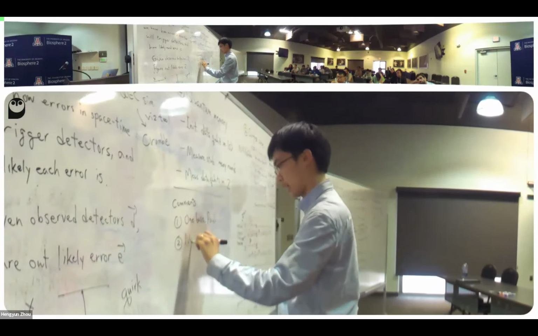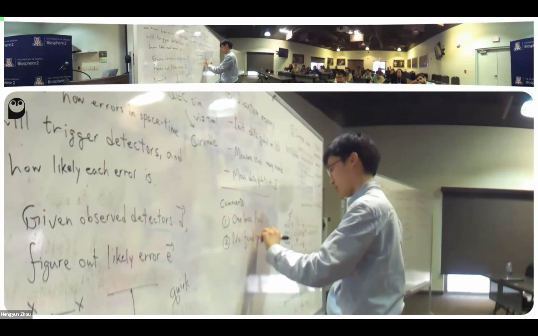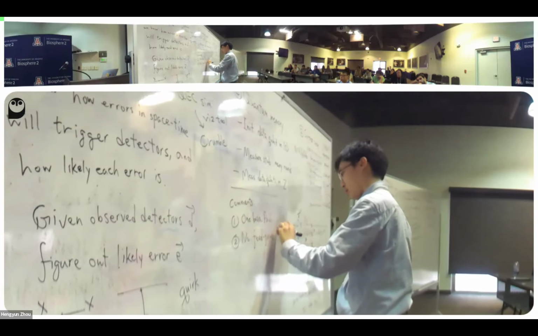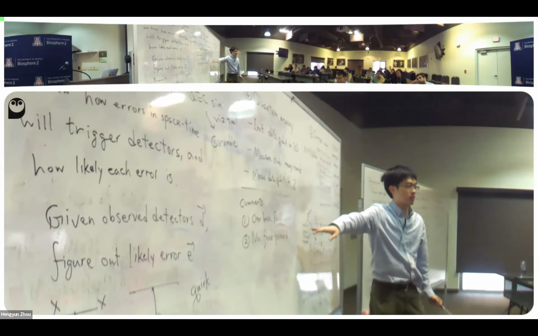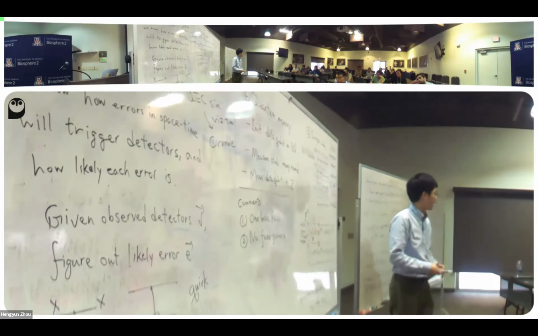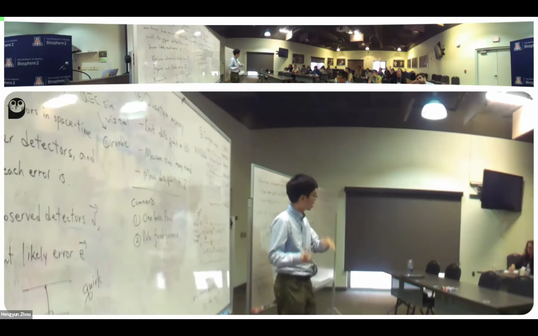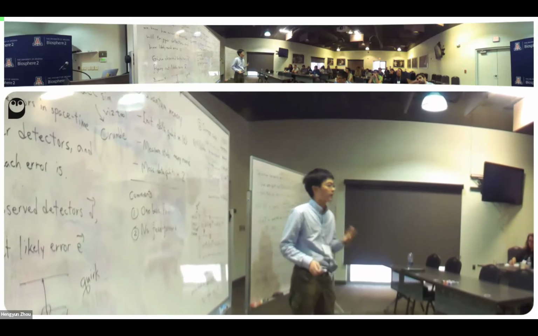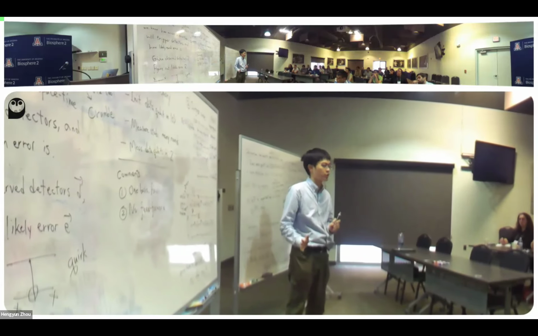Second, and this is a common misconception when one is just starting. Often you might hear that you need feed forward. There's actually no feed forward in this experiment. Earlier on, I drew it as, oh, we do this decoding and then we do some kind of classical feed forward correction. In practice, you actually don't need to do the physical correction.